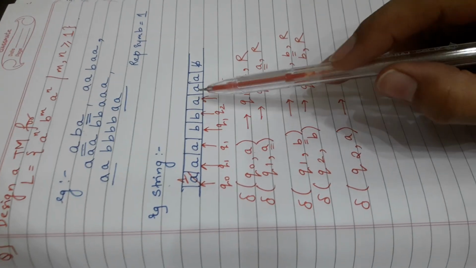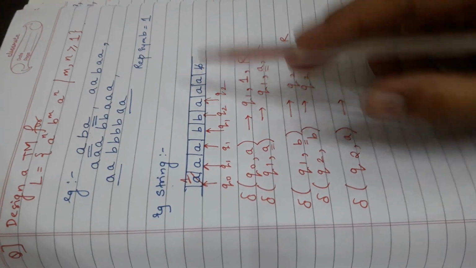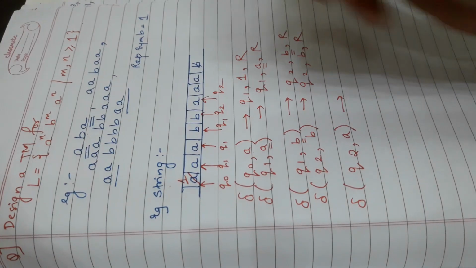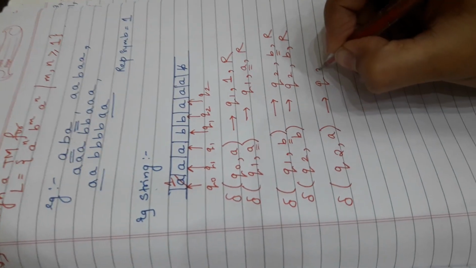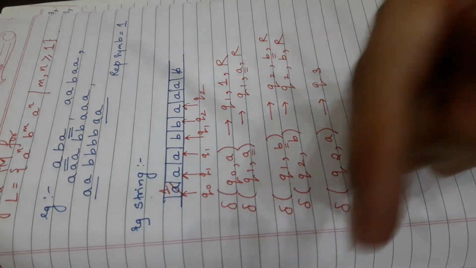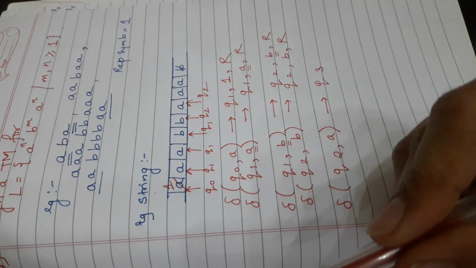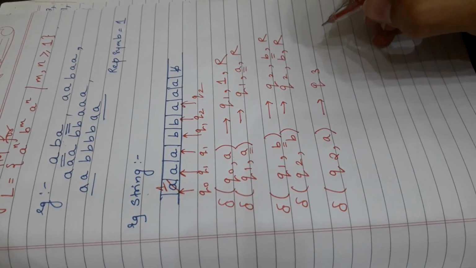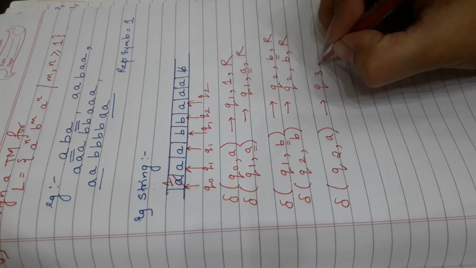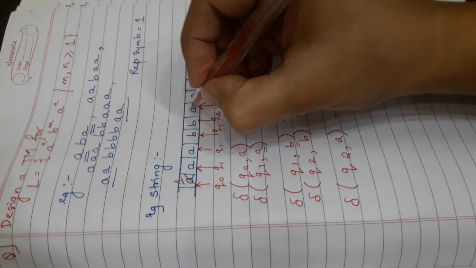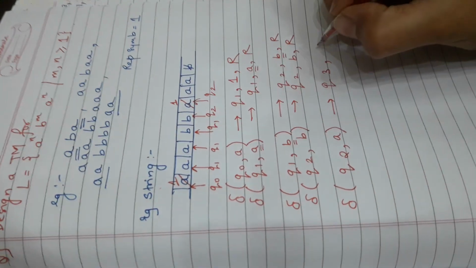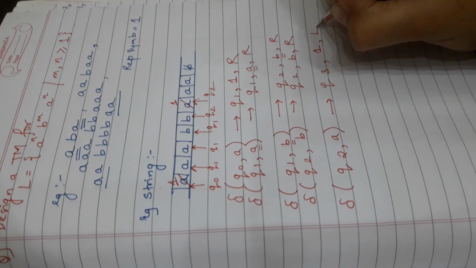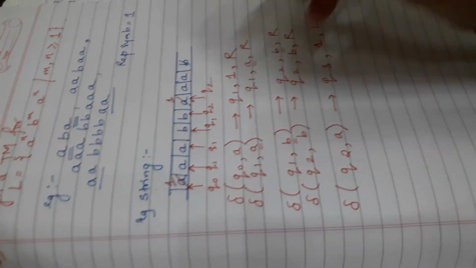Moreover, after B, it is also compulsory to change the state here, which we will make this as Q3. Why? Because now you have to change the operation and go back. So Q3, replace this A by 1 and now continue the operation in the backward direction.